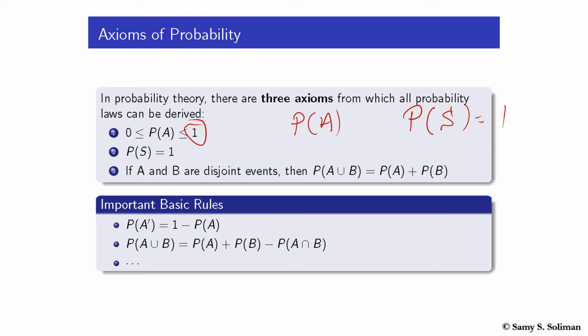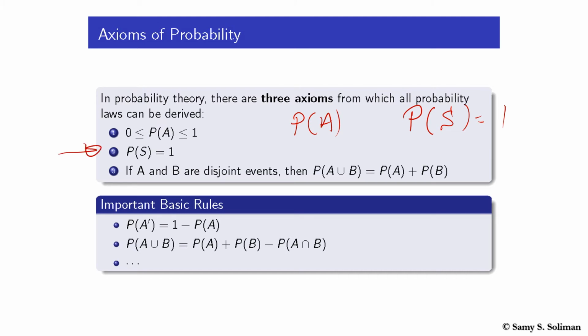For any other event, if we recall the definition of an event, it is a subset of the sample space. So an event might be less likely to occur compared to the sample set. So the probability of an event is less than or equal to 1. So this is the first axiom.